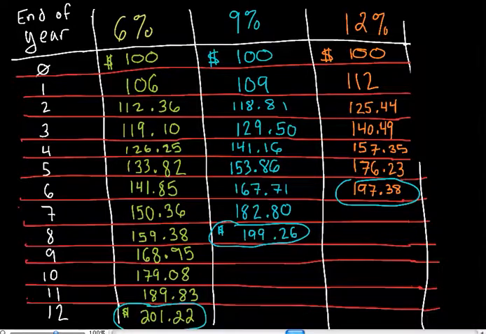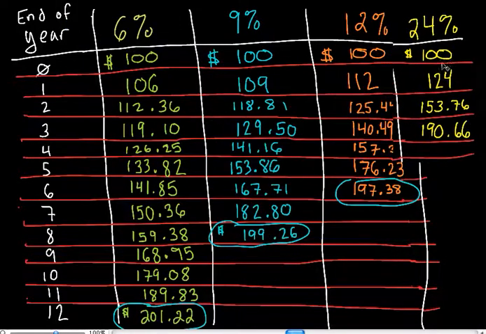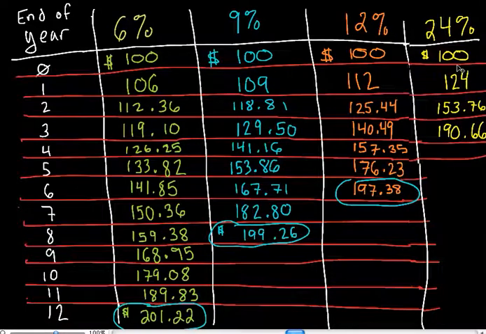And for an example, right here, if I actually had 24%, you'd see, well, okay, 72 divided by 24 would be 3. 3 times 24 is 72. And in 3 years, I would make close to $200, but less close than if I was using a 6% rate.